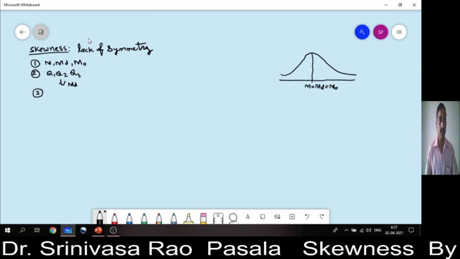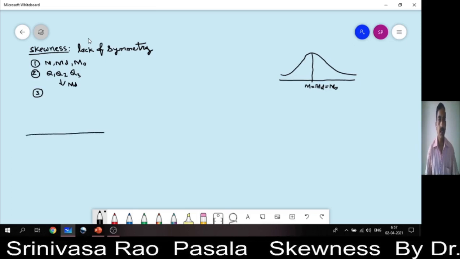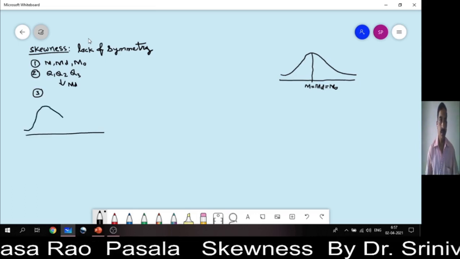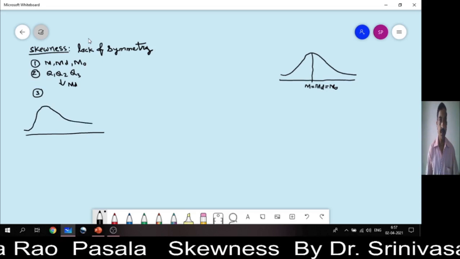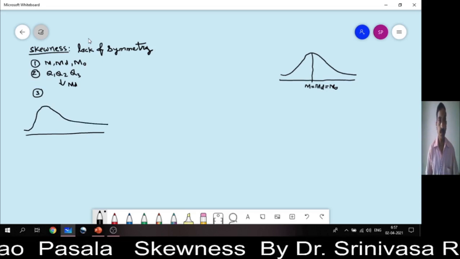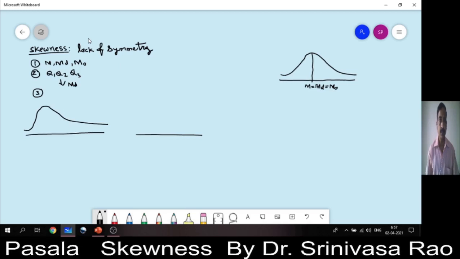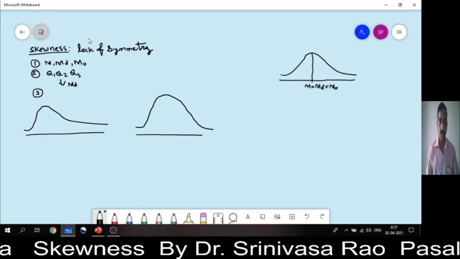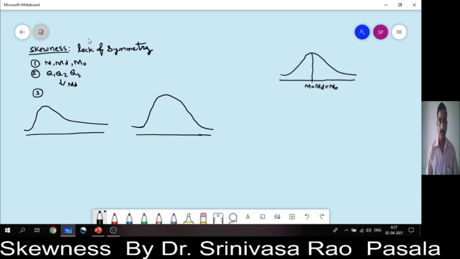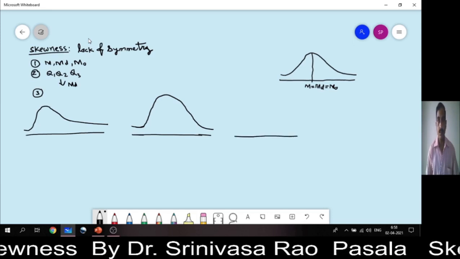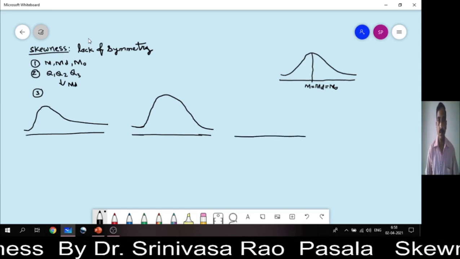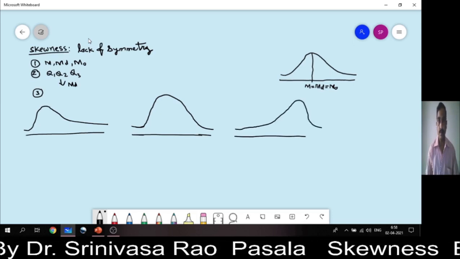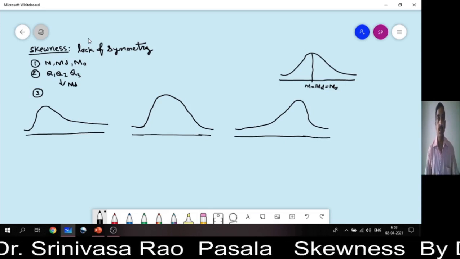Now suppose the curve is stretched on the right hand side.